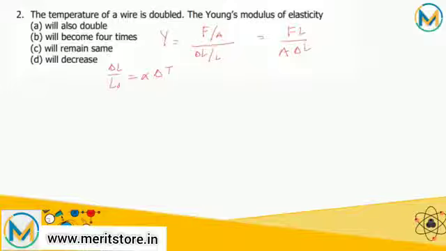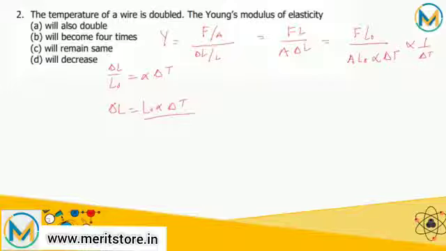So simply, change in length due to change in temperature is delta L equals L naught alpha delta T. And the Young modulus Y equals stress upon strain, which says Y equals FL upon A delta L. I can put the value of delta L over here, so I get F L naught upon A L naught alpha delta T, and from here I can say that Young modulus is inversely proportional to temperature change.